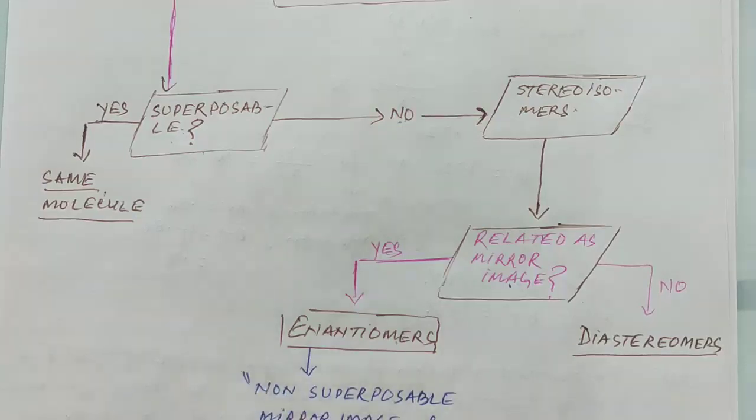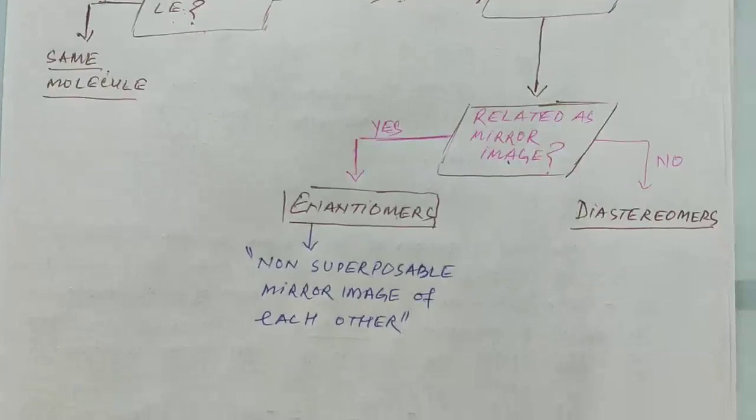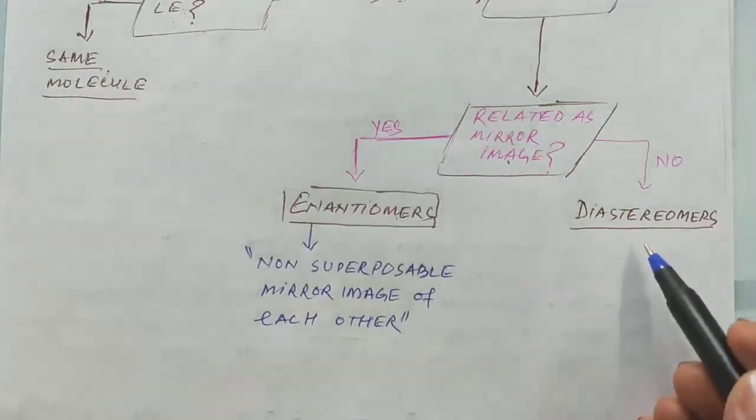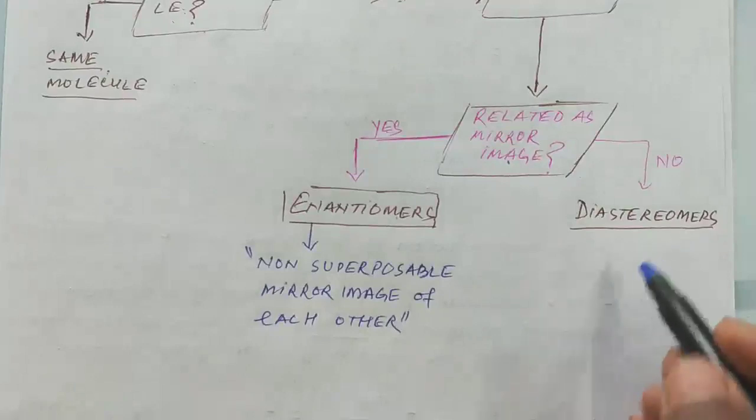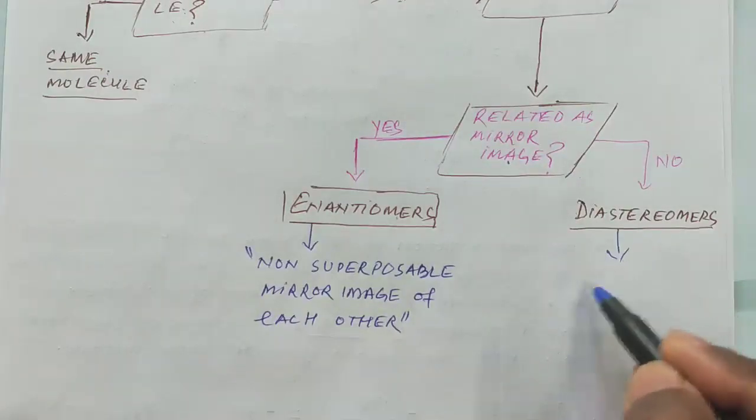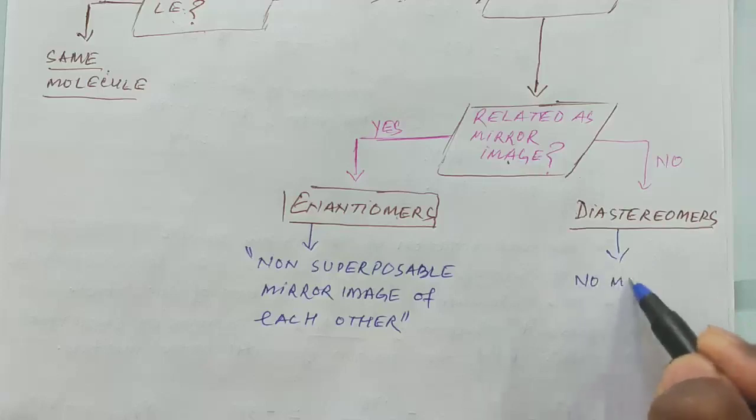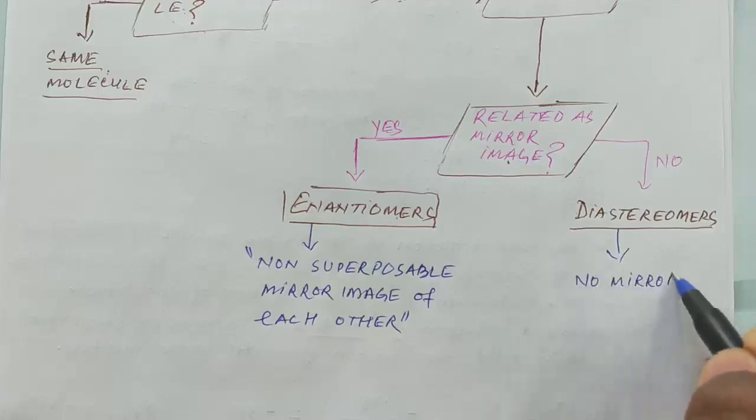Right? So enantiomers are non-superposable mirror images of each other. And what are diastereomers? The diastereomers have no mirror relation. No mirror relation.